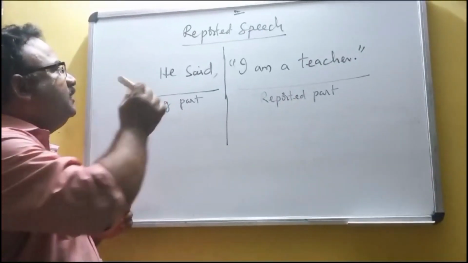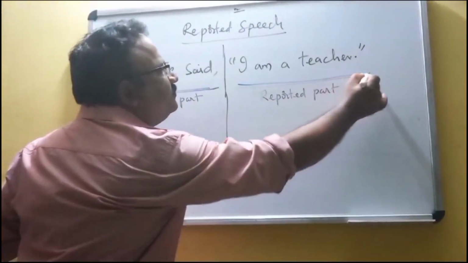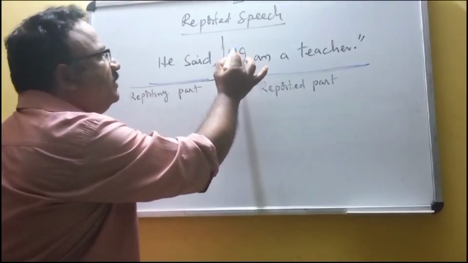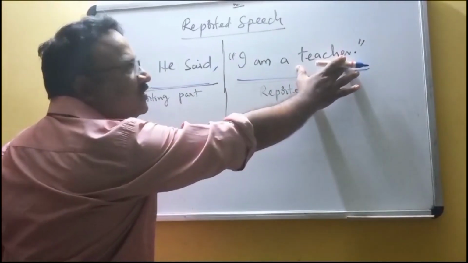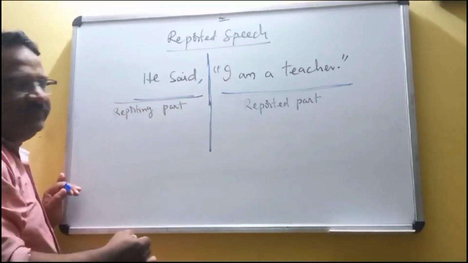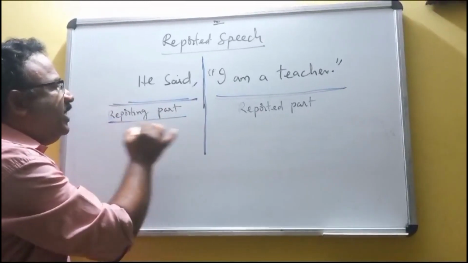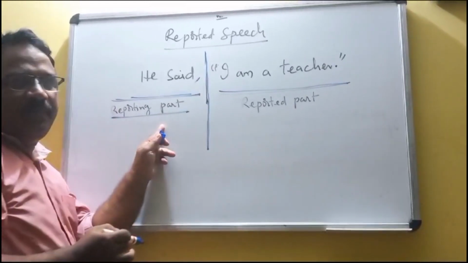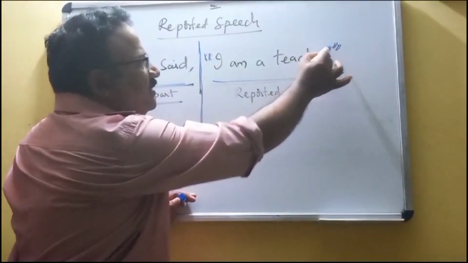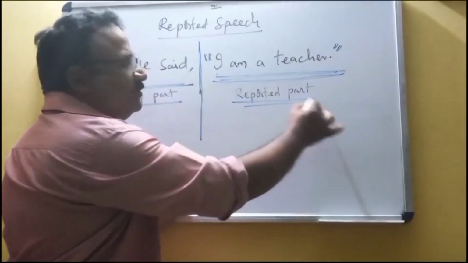Now let us see the same example. He said, I am a teacher. This is direct speech. He said, comma, inverted commas, within the inverted commas, I am a teacher. Here we divide it into two parts. He said, this part is called the reporting part. The sentence in the inverted commas is the reported part.